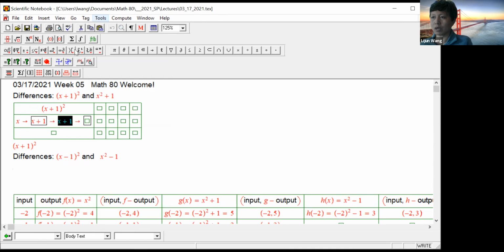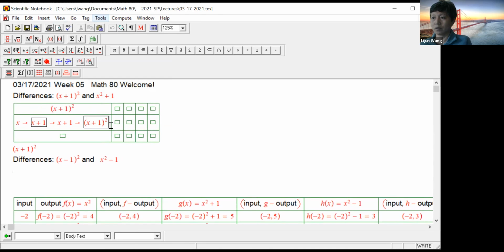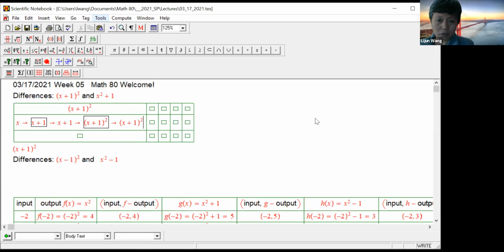So we take x plus 1 and square it, and then x plus 1 squared is out. Do you see that? So there's an order of operation there. You do the inside first, and then you do the outside. How about this guy? How about x squared? For x squared, you still have this input, but this input will immediately be processed by the square.